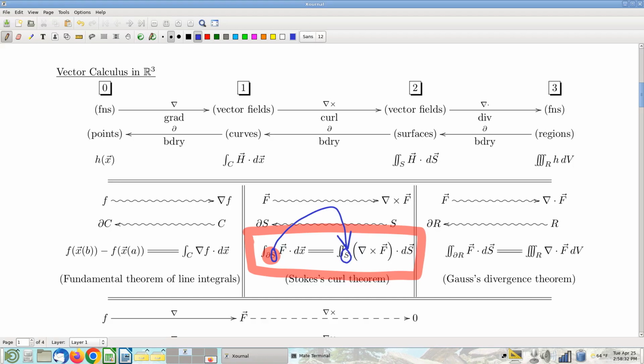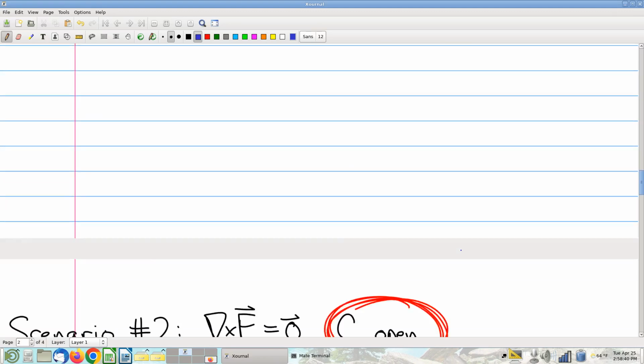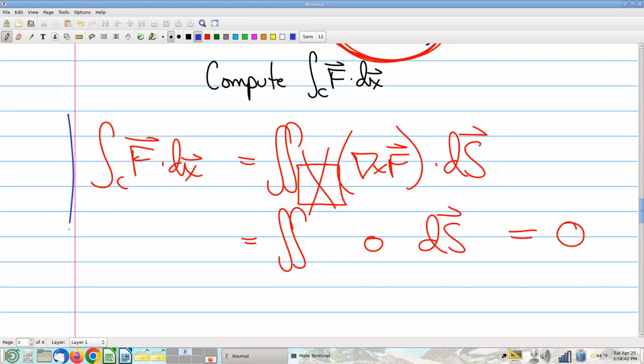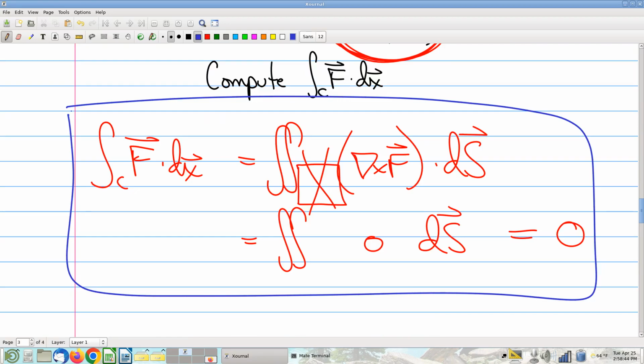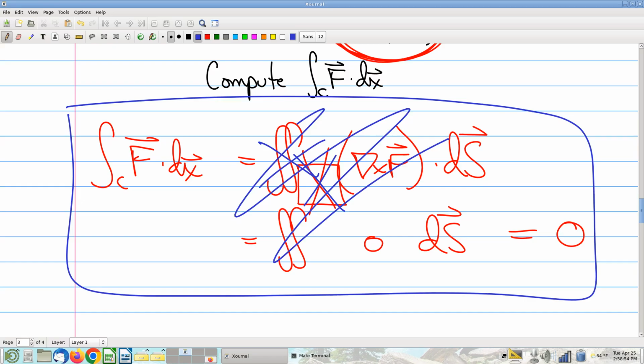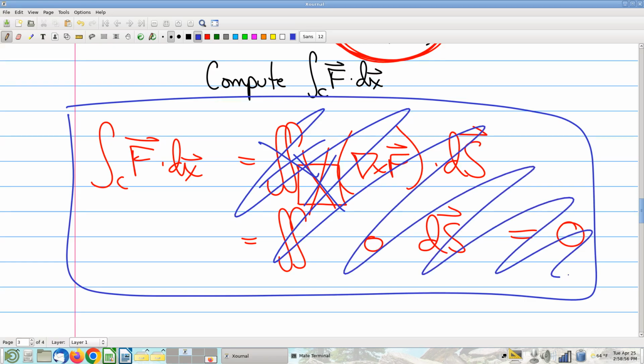So no anti-boundary, no flux integral, no Stokes's theorem. Right, so again, just like in the previous example, this is all garbage. This is all wrong. There is no anti-boundary surface.